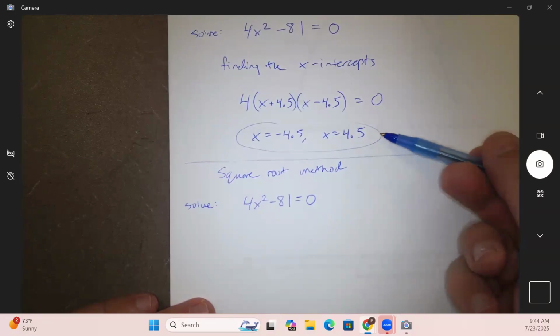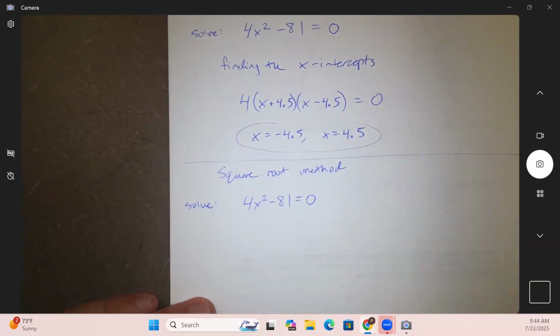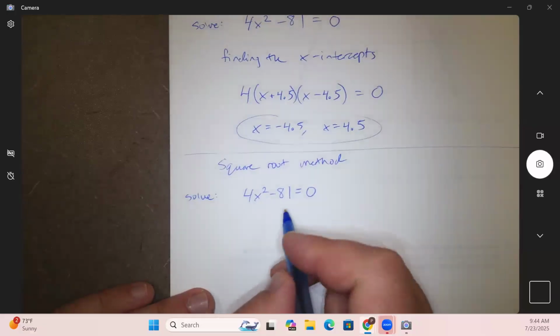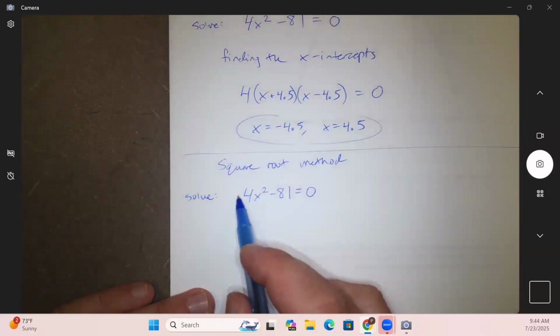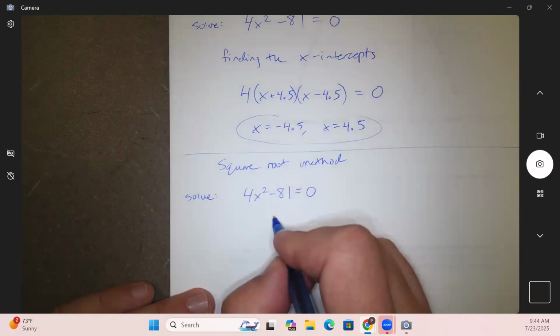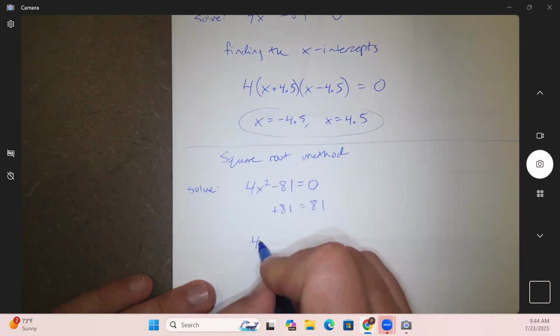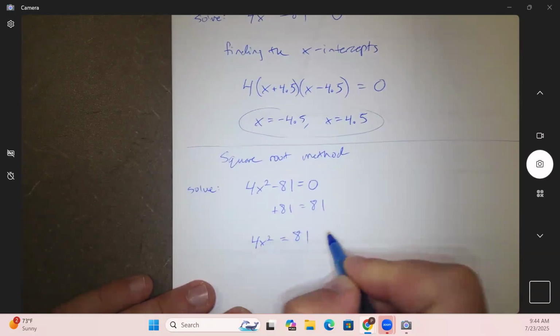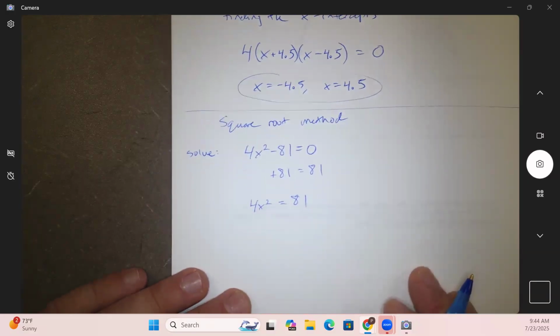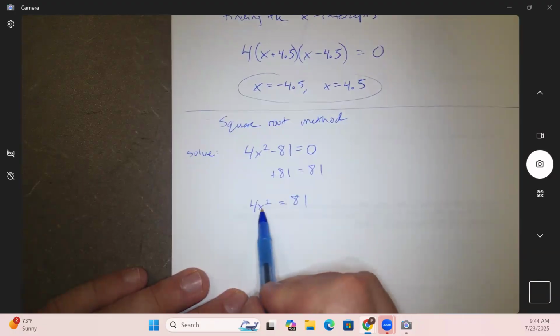We did it graphically, which is great. Earlier, we did it by factoring using the box method, which was a little laborious. Here, I'm just going to recognize, oh, I only have one term with the x's, so let me isolate that. And I get 4x squared equals 81. And how do I unwrap an x squared?